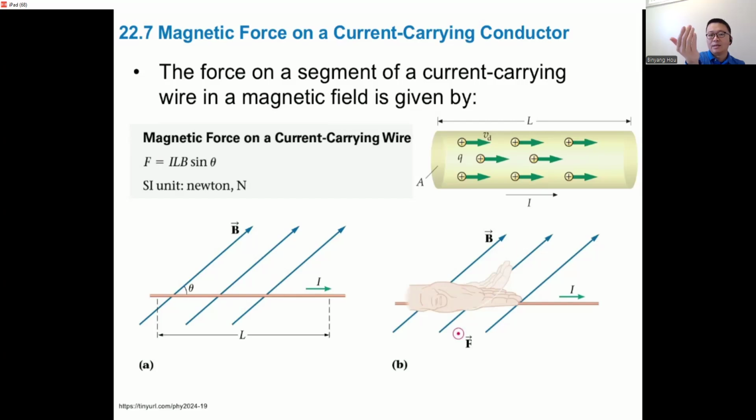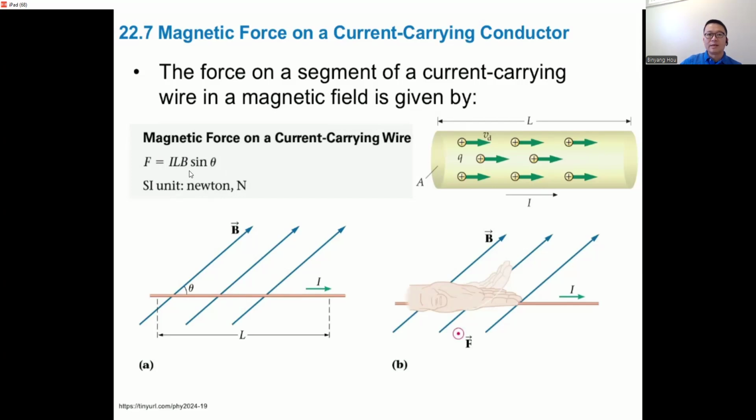Then you can figure out the direction of the force on the current wire. The magnitude of the force on the current carrying conductor is I times L times B sine theta, so current times the length times B.